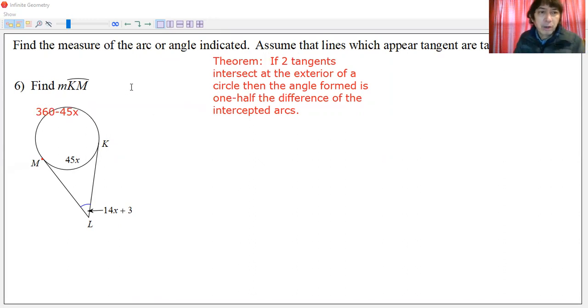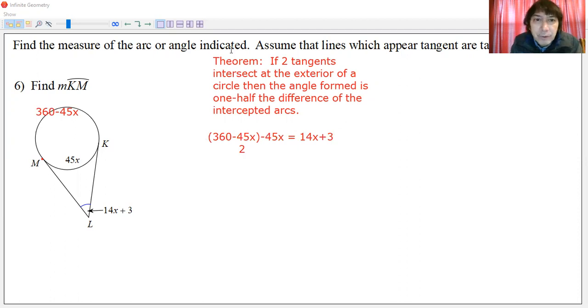Our working equation starts with the bigger arc, 360 minus 45x, minus the smaller arc 45x, and then we divide this by 2. This will be our equation for the angle, which is expressed as 14x plus 3.